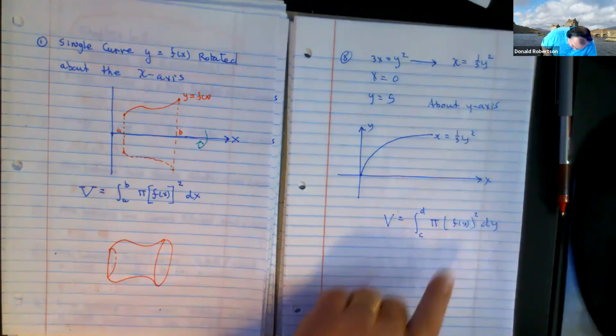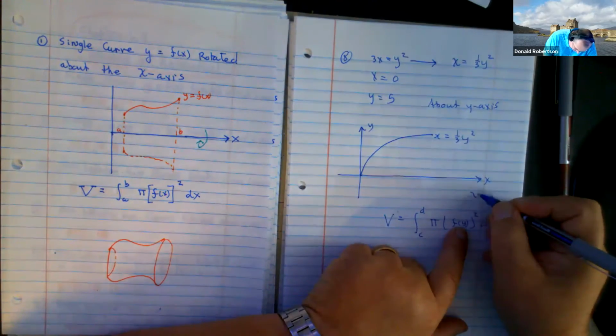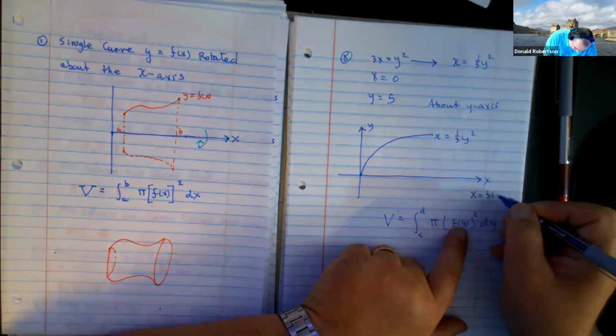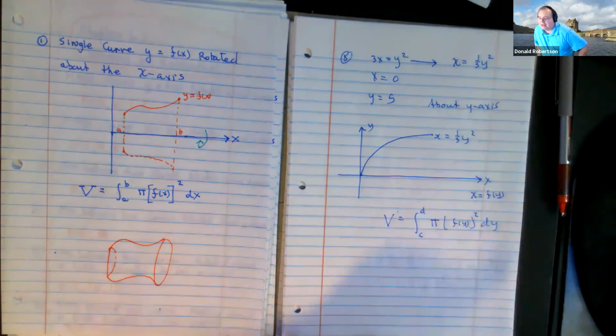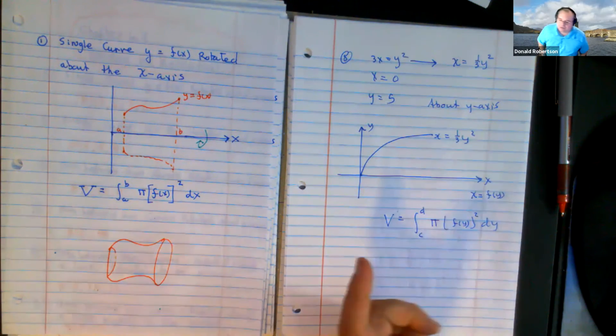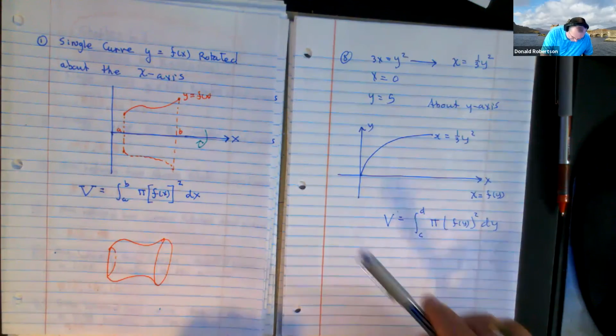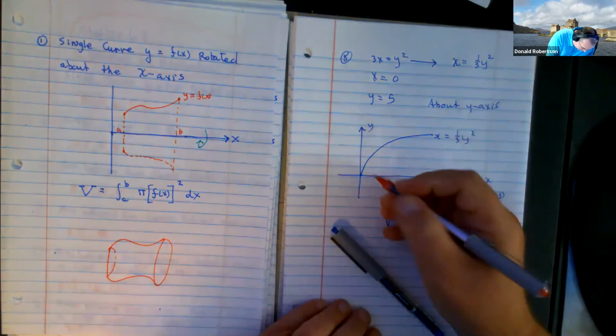But when you write f of y, it's implied that the formula is x equals f of y, not 3x equals f of y, or 10x, or x plus 1, or anything else. That's the main reason.